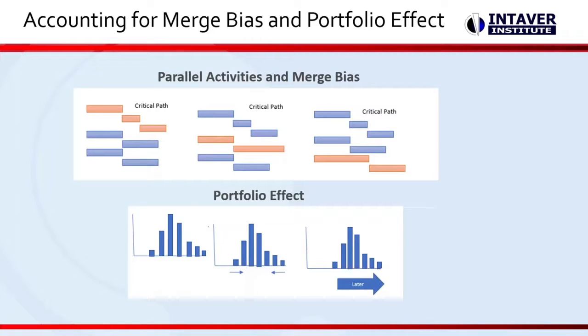These large complex projects will have multiple instances of parallel activities that link to a common successor. When we add risks or uncertainties, what can occur is that multiple critical paths can occur during a simulation, or you may have heard of them as near critical paths. Critical path methodology cannot account for this effect.